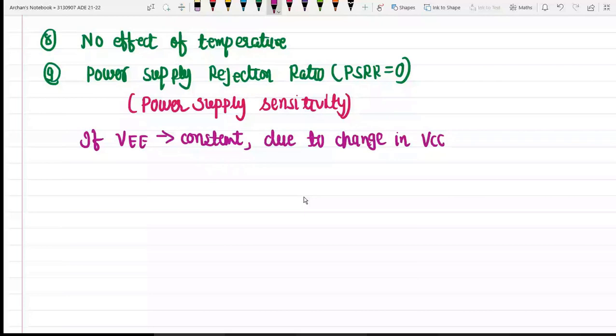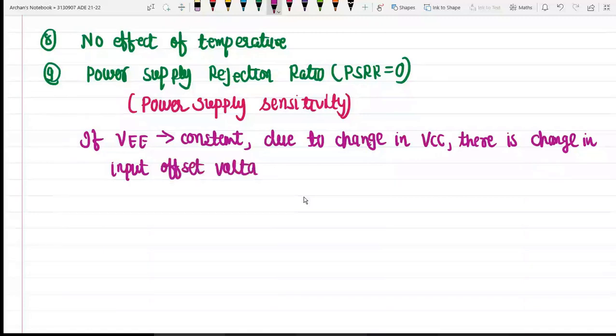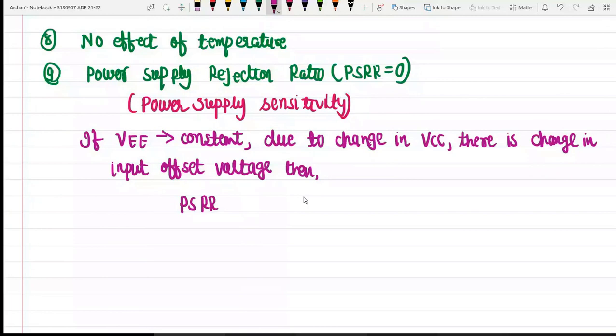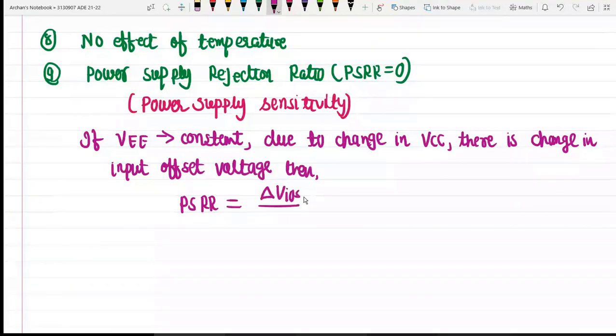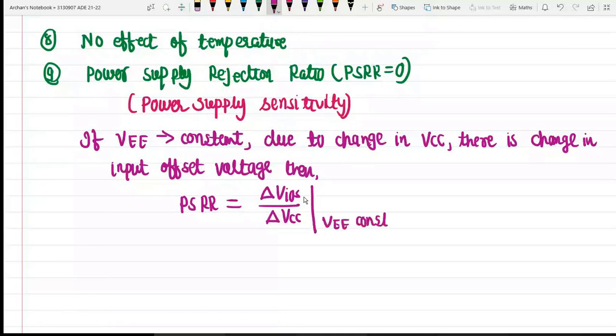Then PSRR, power supply rejection ratio, is defined as delta VIOS by delta VCC by keeping another power supply constant, that is VEE in this case will be constant.